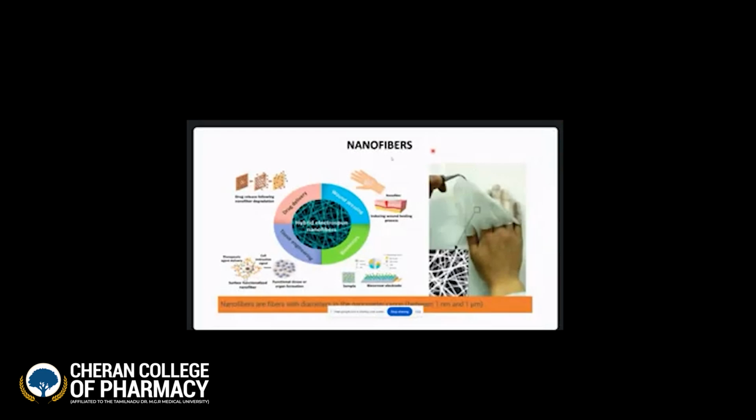Okay, as I said, in India, 4.5 per thousand population are currently suffering from the chronic type of wound. As I said, it may be due to different types of diseases like diabetes, atherosclerosis, blood vessel damage, or any infectious disease like tuberculosis, leprosy, or ulceration. These all can cause the chronic type of wound if not treated properly, right?